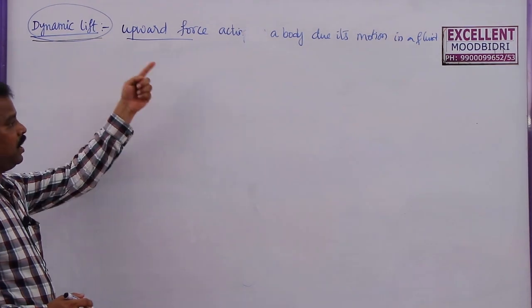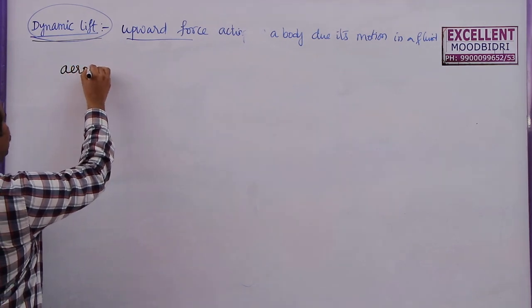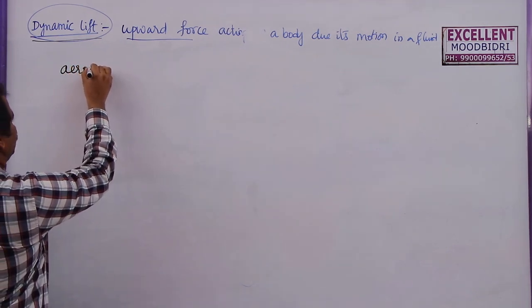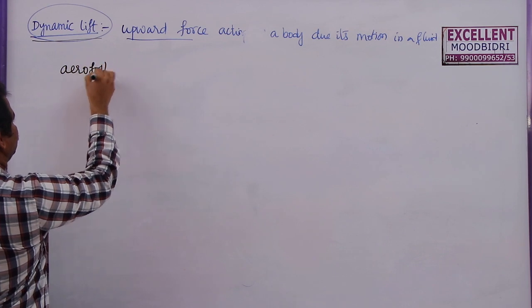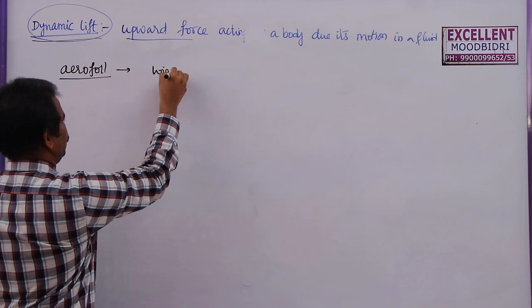Dynamic lift can also be explained in the case of an airplane or aerofoil. So this is the wing of an aeroplane.